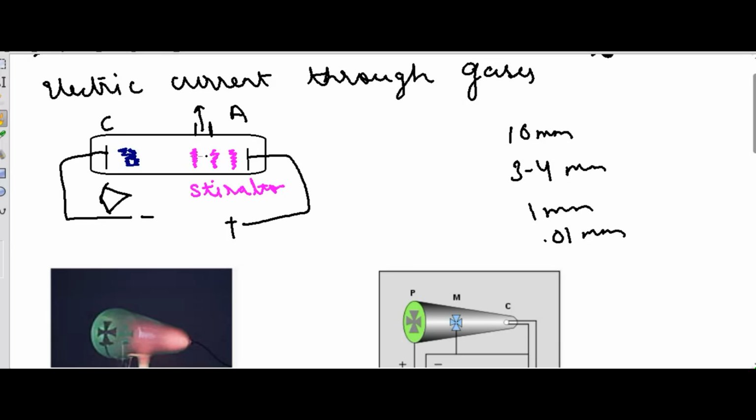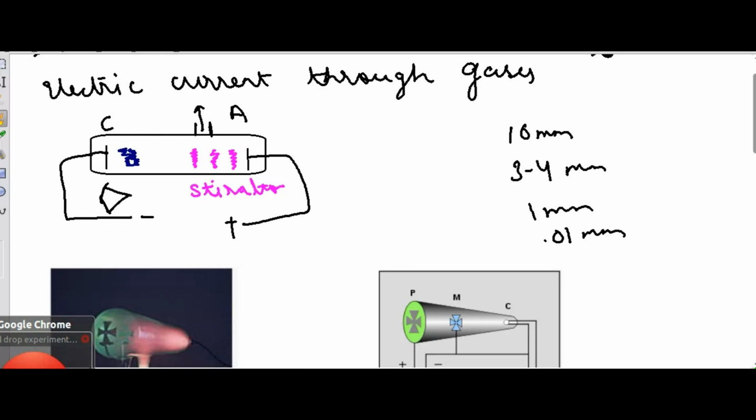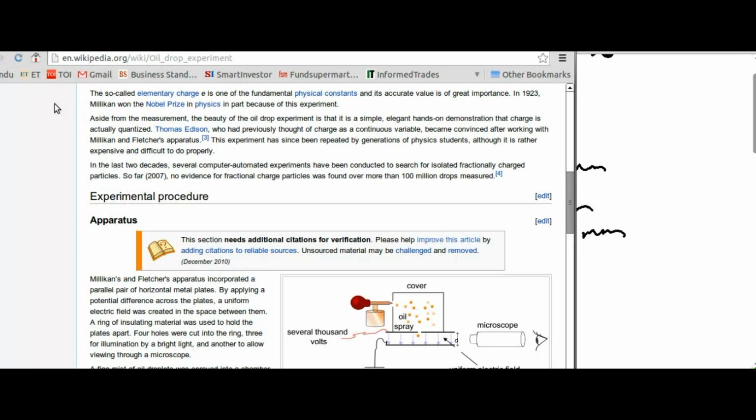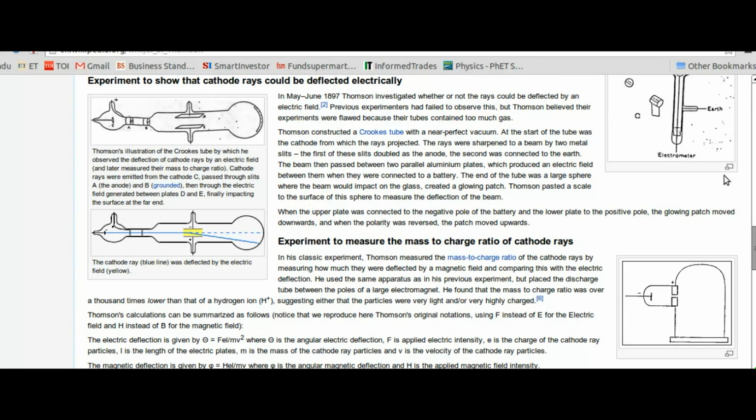How do we know that these are negative charge and not positive charge, or neutral, or that some other phenomenon is not going on? The answer to this was given by J.J. Thomson, and because of that, J.J. Thomson is credited with the discovery of electrons.